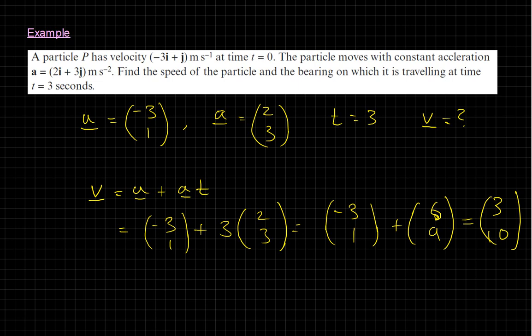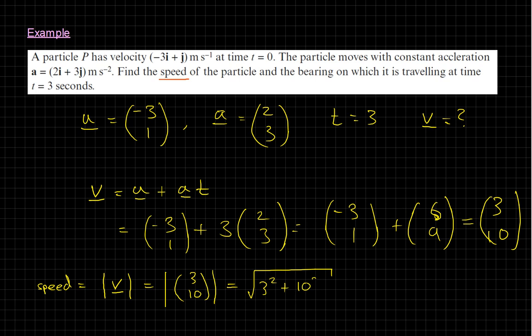Now we've got to be careful because technically the question said find the speed of the particle. So speed, remember, means I'm actually finding the magnitude of v. So what I want, speed, is equal to the magnitude or size of that v vector, and that's going to be equal to the magnitude of this (3, 10) vector, which hopefully you remember is just root of the sum of the squares of the components.